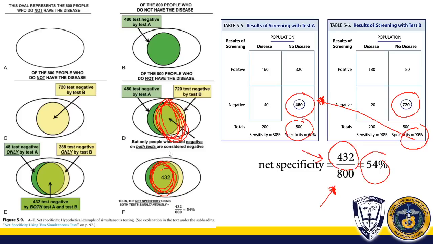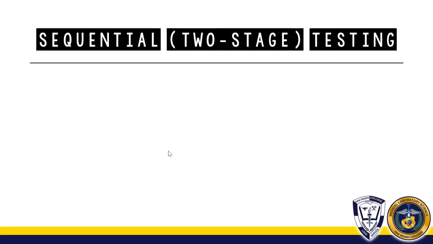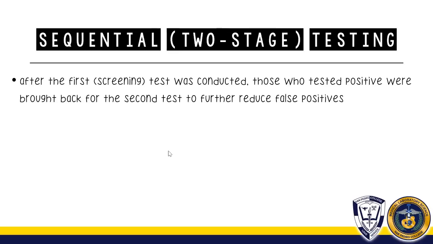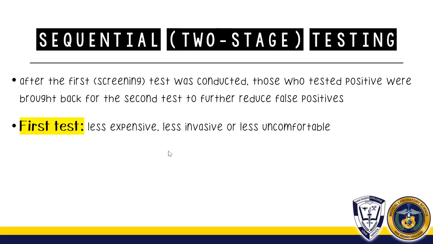Okay? Sige. So now we proceed with our sequential two-stage testing. So kaya siya two-stage kasi there will be a first screening test that will be conducted, and then once naay individuals na mag-positive, i-retest na sila og balik, and that is your second testing to further reduce your false positive.